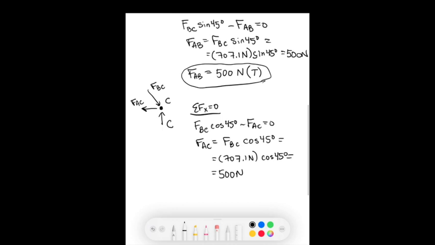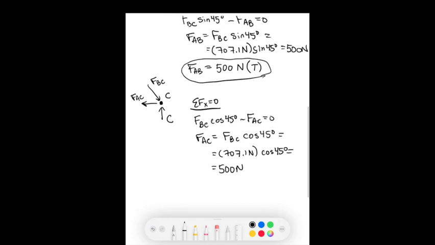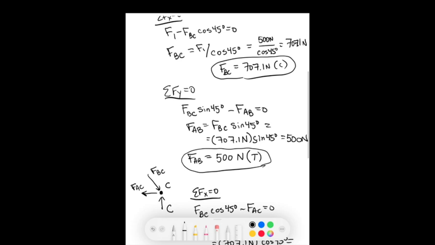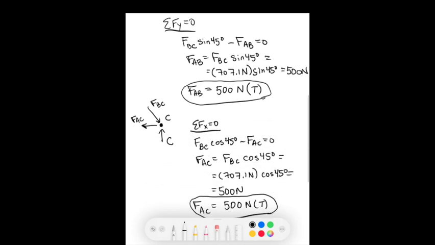Positive, so our assumption that FAC was in tension was correct. So we'll write our answer: the force in member AC is equal to 500 newtons in tension. So using the method of joints, we've now solved for all three members in the truss. And we're done.